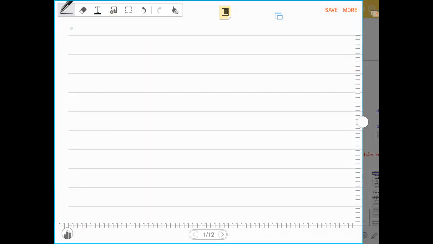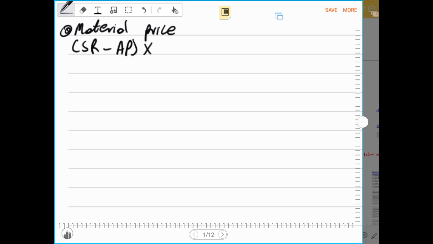Now we are doing the material price variance. And our material price variance, we know that it is the standard price minus the actual price times the actual quantity that was purchased.